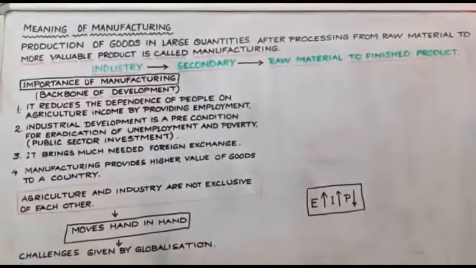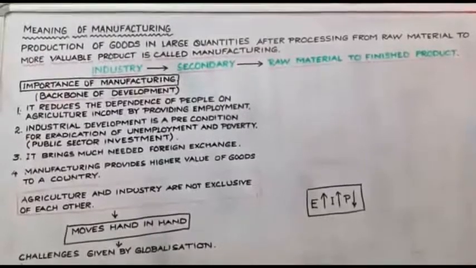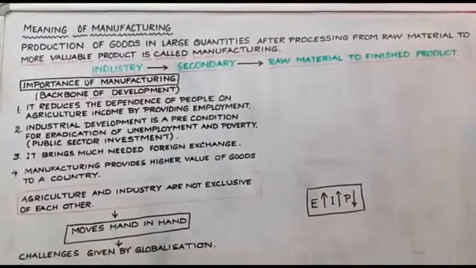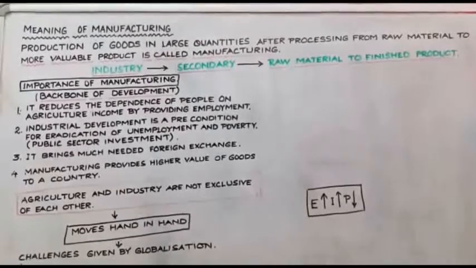Next, we will come to the importance of manufacturing. Now here you can see it is written that it is the backbone of development. Obviously, if you look at the most developed countries of the world, you will find that they produce many kinds of goods. They produce many kinds of finished products. China, for example, today produces so many kinds of goods.